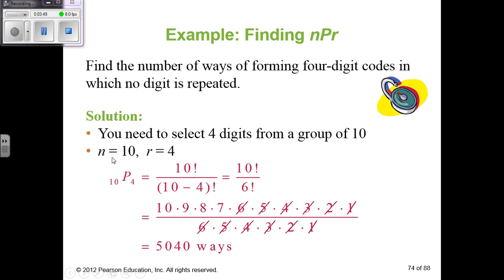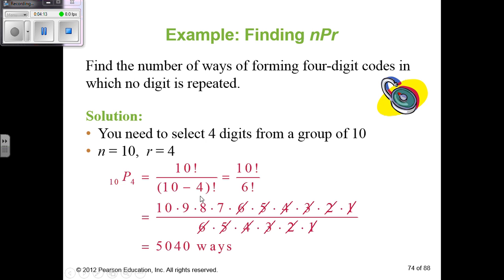So if I have 10 numbers, 0 through 9, but I cannot repeat any, so once I choose a number, I cannot choose it again. Out of these 10 numbers, I am choosing 4. All the different ways of choosing 4 numbers from the set of the 10 digits 0 to 9 is 10 factorial divided by 10 minus 4 factorial.